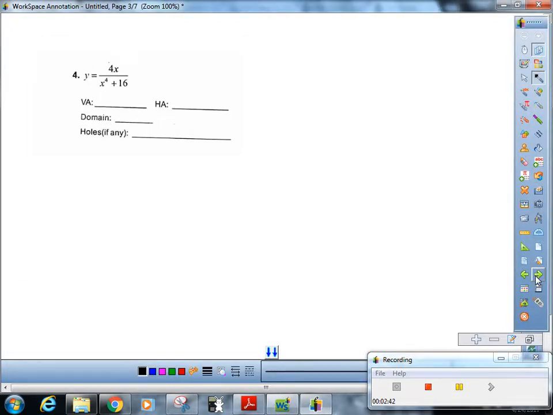All right, moving on to number 4. Now, a couple things. One, you might want to factor this. If you do, good. It looks factorable, but only if this was a minus would you be able to factor it.